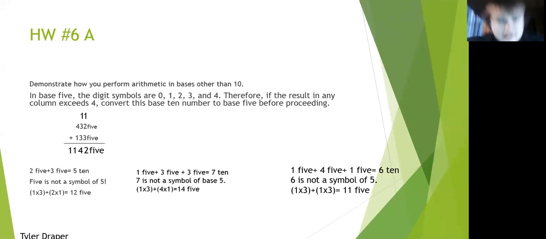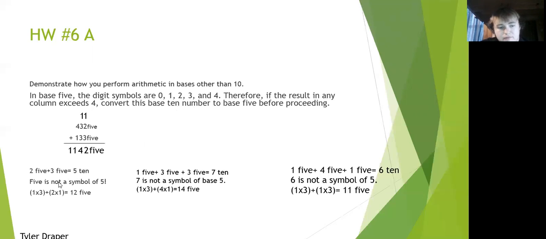Okay, so we need to look at this first value here when we're adding. 2 base 5 plus 3 base 5 equals 5 base 10. 5 is not a symbol of base 5 because remember our symbols are 0, 1, 2, 3, and 4.